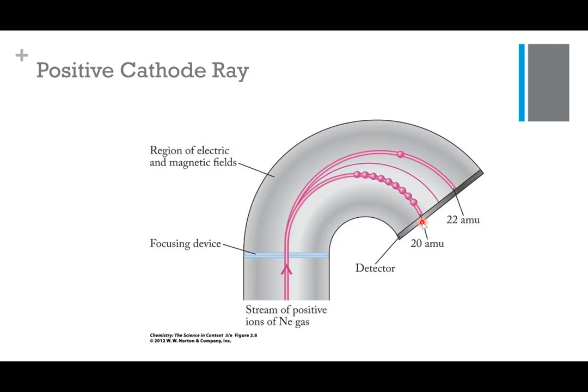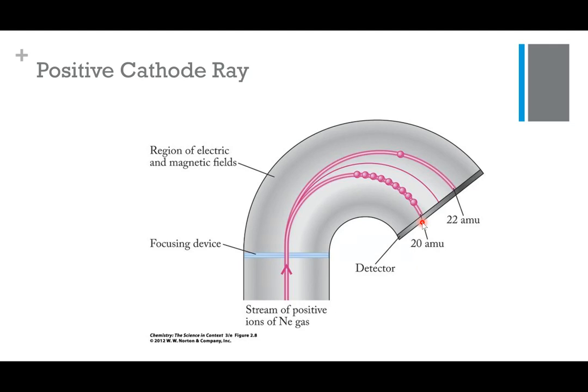So what's the difference between those 3? Think about the subatomic particles. Do they all have the same number of protons? Yeah, still neon gas, right? So all of them still have the same number of protons. They have 10 protons. Do they have different numbers of neutrons?